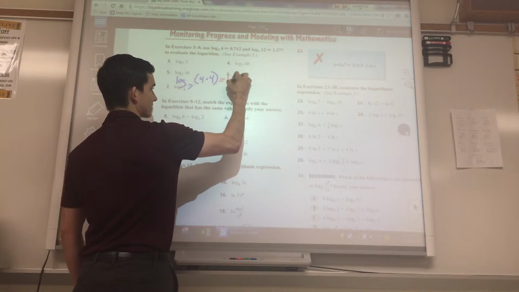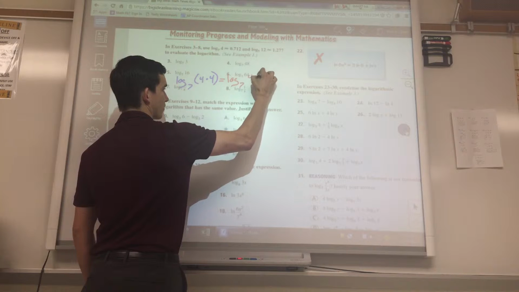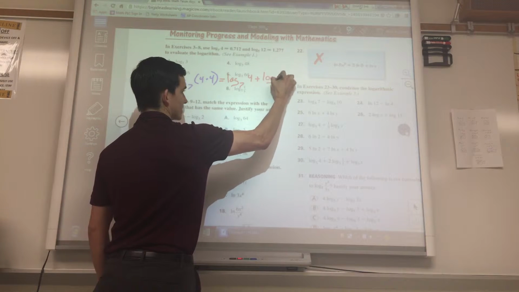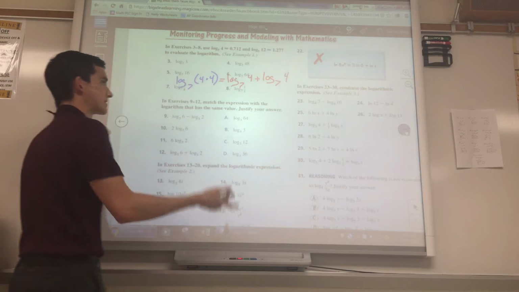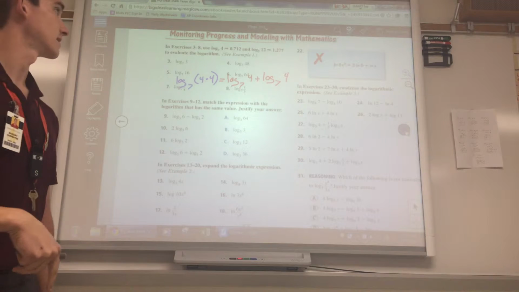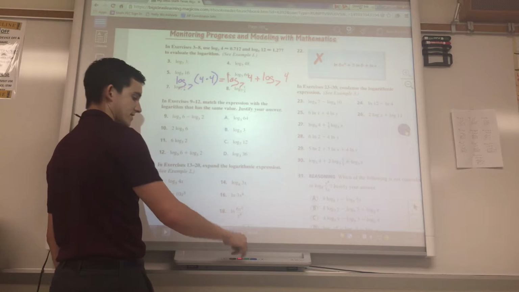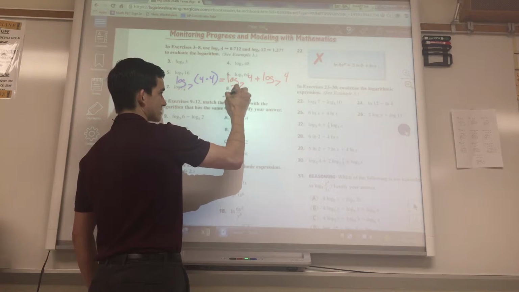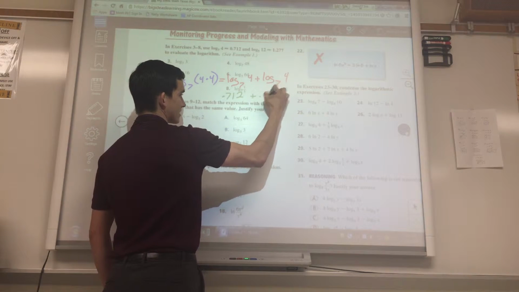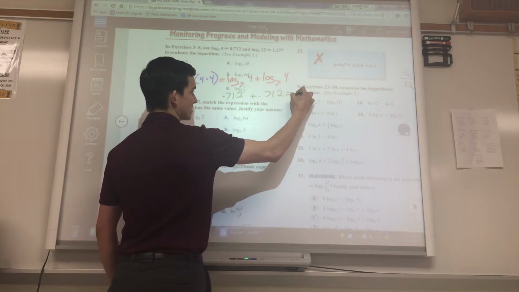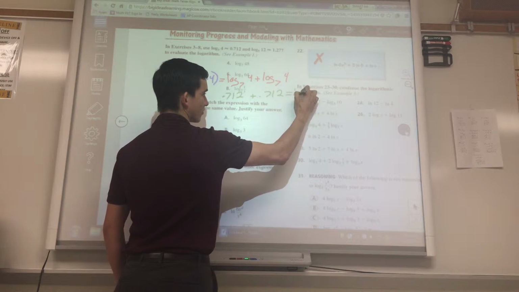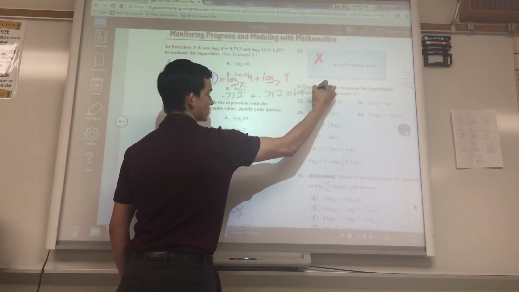So that's the same as log base 7 of 4 plus log base 7 of 4. Realize I'm using those exponential rules that we were talking about a second ago. Log base 7 of 4 is approximately 0.712. So I'm doing 0.712 plus 0.712, which should be 1.424.